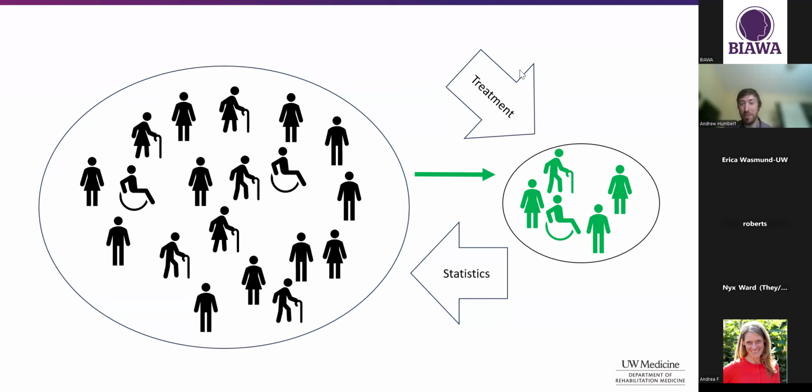So we start with this population, we grab a sample, and then we conduct a study on the sample with our new treatment, and then again, statistics is the bridge that links us back to, okay, we see how it worked in this subgroup, how do we think it's going to work in this population?